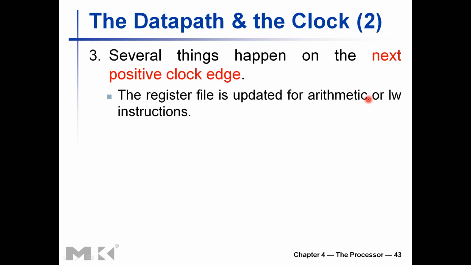If such a result exists, it is sent to the register file to be written, and register writing is synchronized to the positive clock edge. So the next positive clock edge will see the value written into the register file for load word or arithmetic logic type instructions.